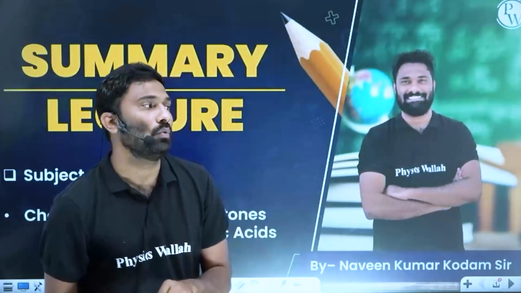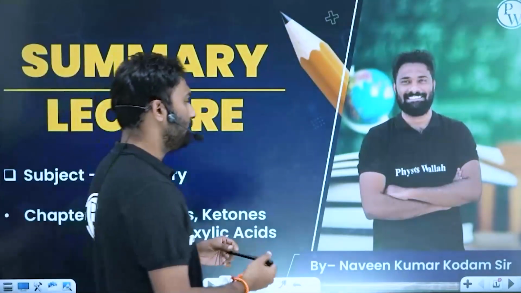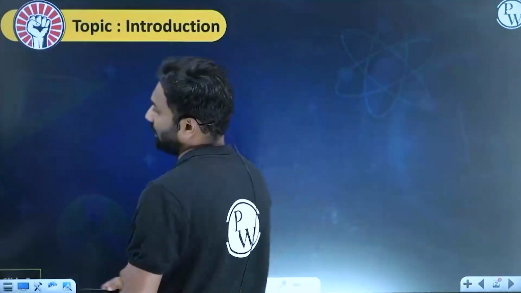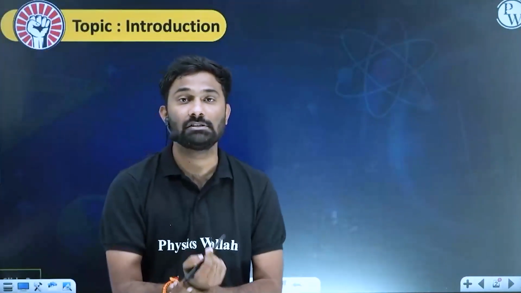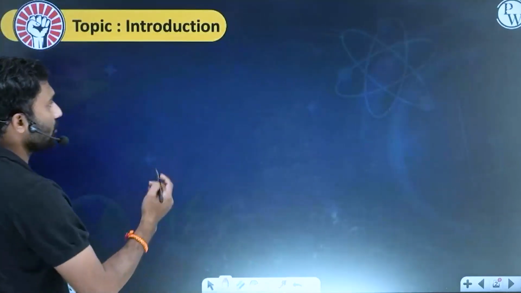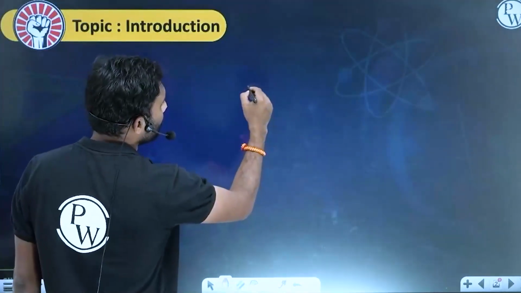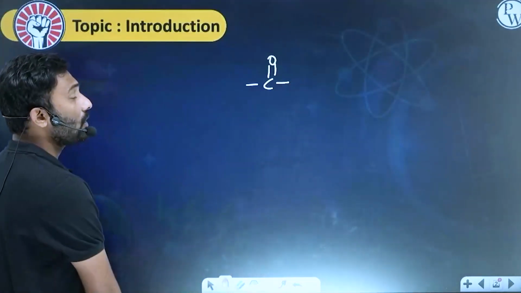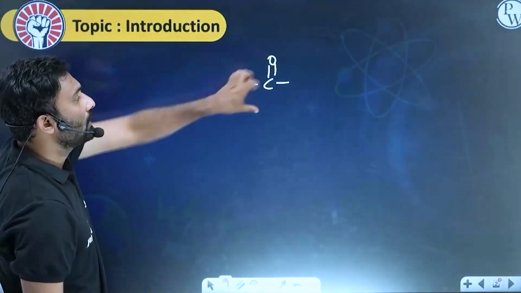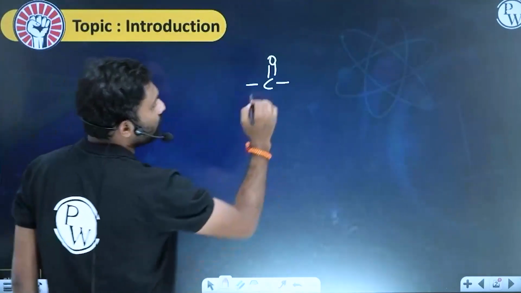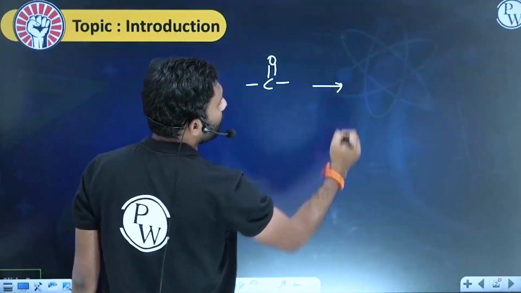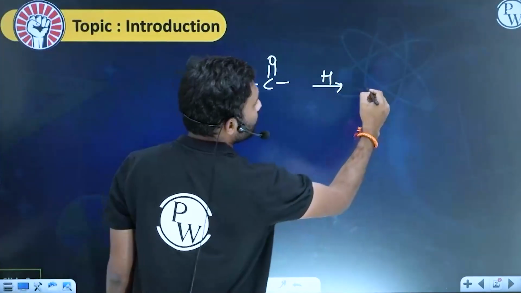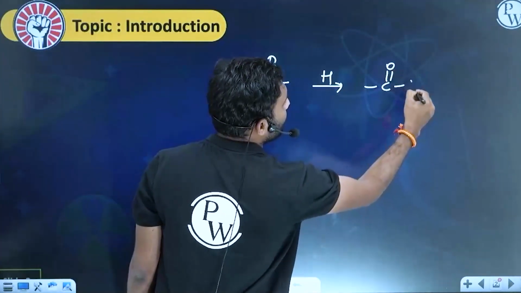Okay, now let's start our summary lecture of the aldehydes, ketones and the carboxylic acids. First, the introduction of aldehydes, ketones and carboxylic acids. For all of them, the common feature is the carbonyl group. Now, if H is attached to this carbonyl group, then it will become the aldehyde.